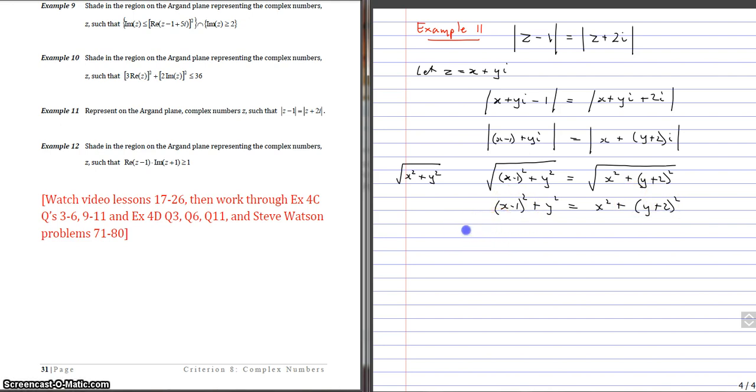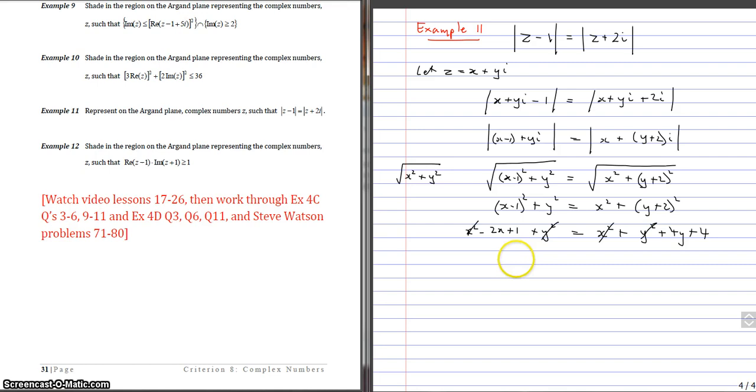So we've got x squared minus 2x plus 1 plus y squared equals x squared plus y squared plus 4y plus 4. And we can see we can do some cancelling here. X squareds, when we subtract, are going to cancel. Same with our y squareds. And then when we work further, we can bring things over to the other side. So we've got 4y plus 4.